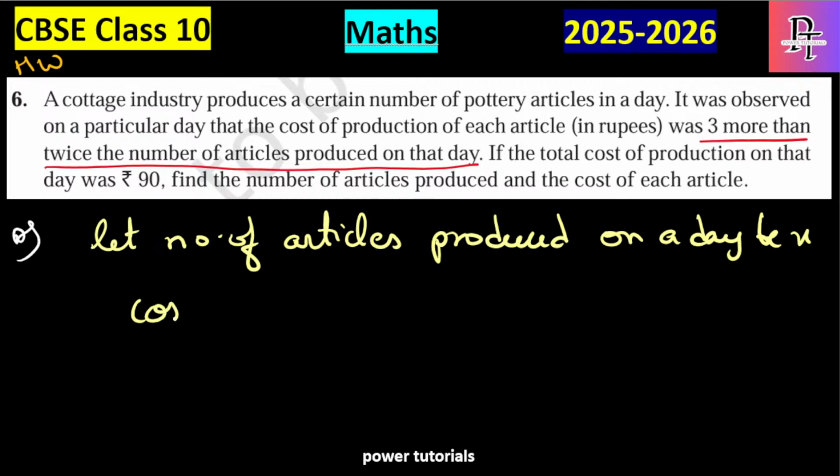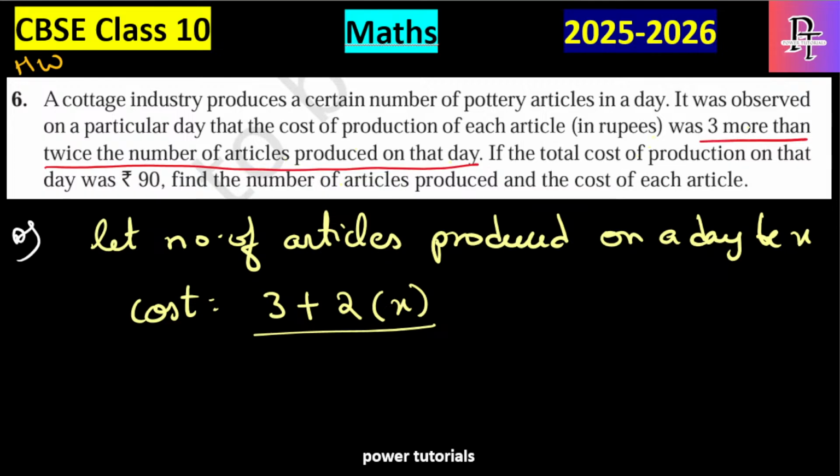Cost is equal to what they have mentioned, 3 more than twice the number of articles produced on that day. So this is nothing but cost. And repeating this point again, let the number of articles be x, but the cost is 3 more than twice the number of articles produced on that day.